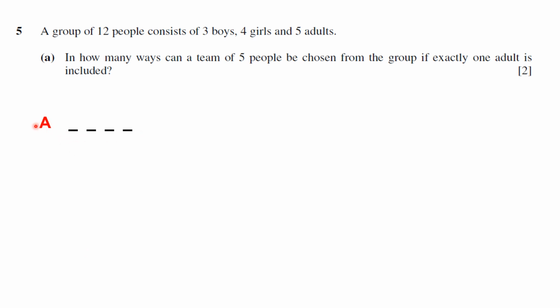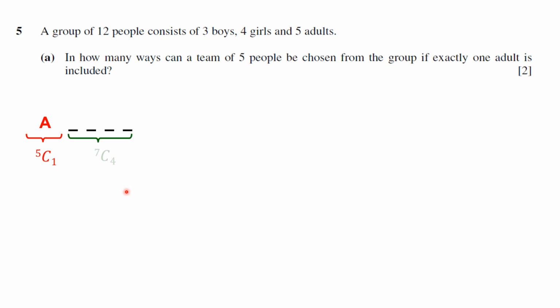For the adults, we're going to choose one adult out of the 5 adults. So it will be 5 combination 1. As for the children, we have a total of 4 plus 3 children, which is 7. But for the 7 children, we're only going to choose 4.